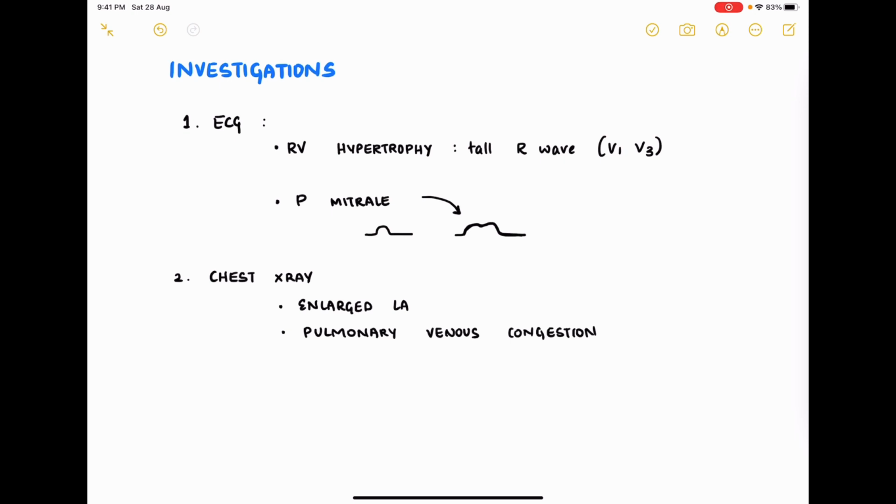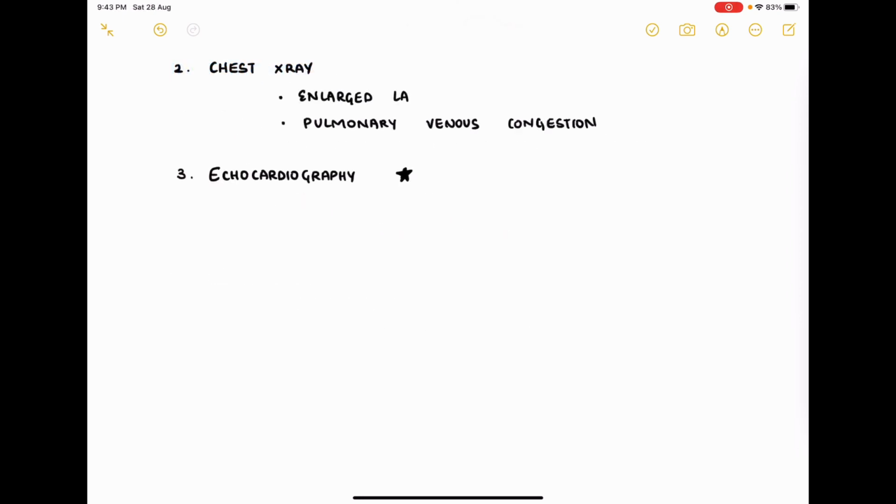Next investigation is chest X-ray, where you can visualize the enlarged left atria and pulmonary venous congestion. Echocardiography is a very good investigation where you can very clearly visualize the valve area, the thickened cusps of the valve, the enlarged left atria, and you can also visualize a reduced rate of diastolic filling of the left ventricle.